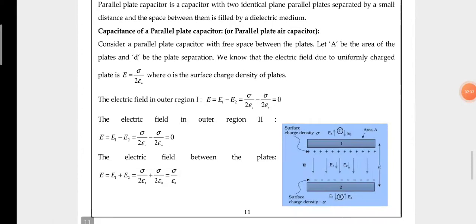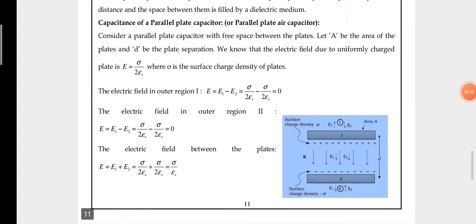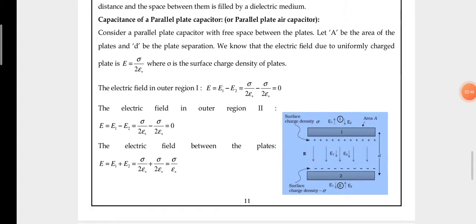Right now we have to find the expression for the capacitance of a parallel plate capacitor when air is taken in between the two plates. That means between the plates an air medium exists. In that case, we have to find the capacitance of the parallel plate capacitor.